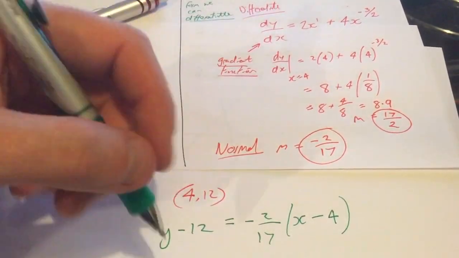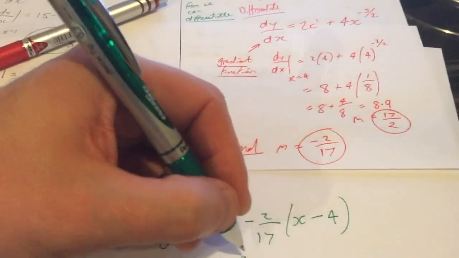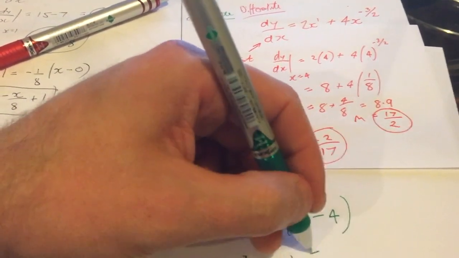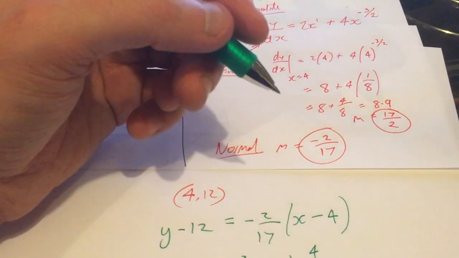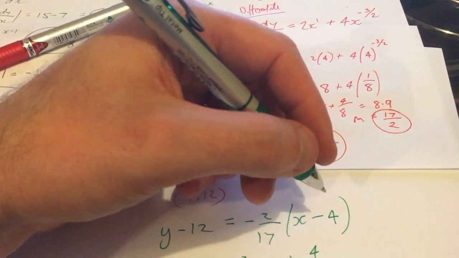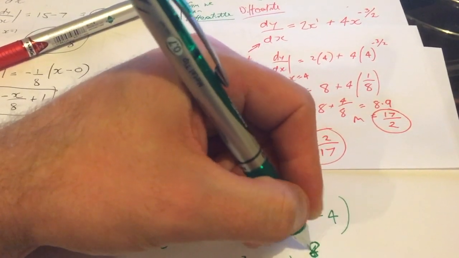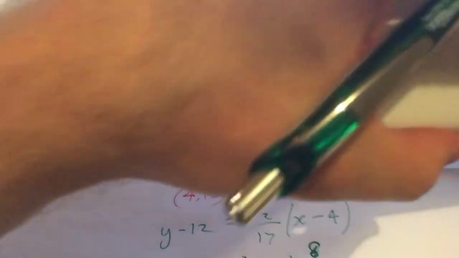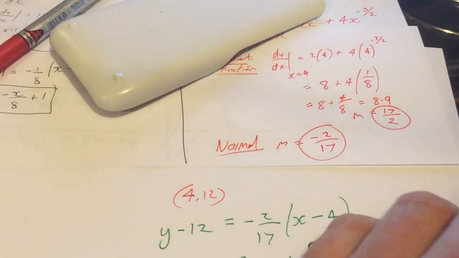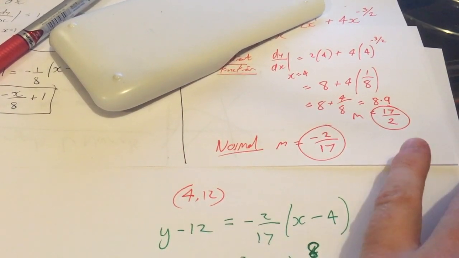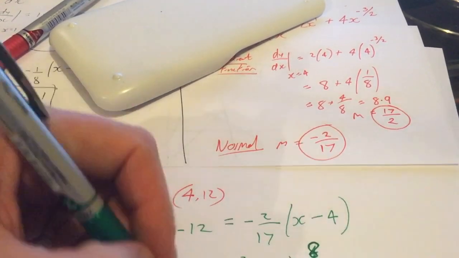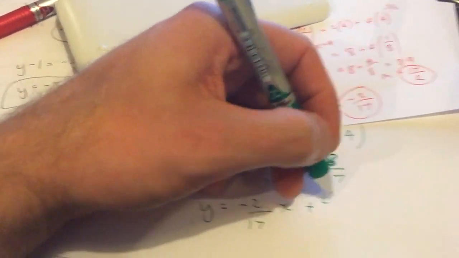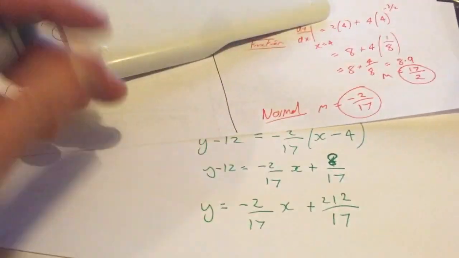And if we expand all that out, y minus 12 equals minus 2 over 17 x plus, that's right, 8 over 17 that should be. And then we can solve this. Where's my calculator gone? So we're going to get y equals minus 2 over 17 x plus 212 over 17.